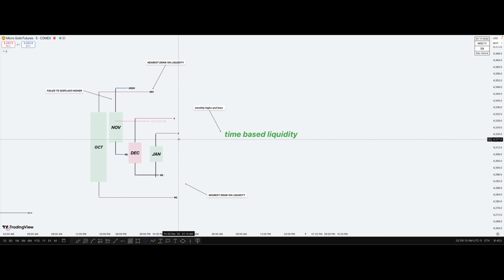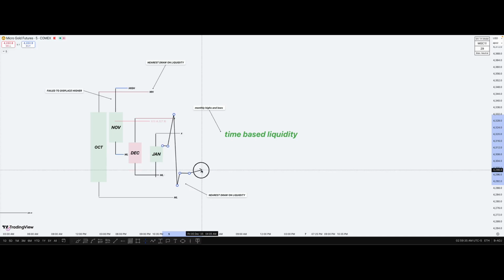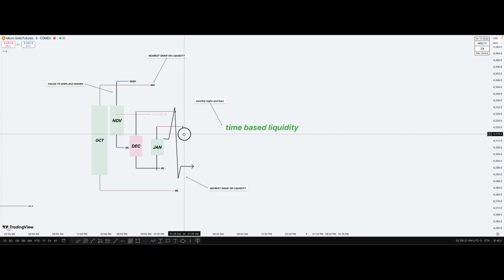So if the price opens up here, goes up higher, takes out December's high, and then closes something like this, it first goes up, and then it will come down to all of the levels below.